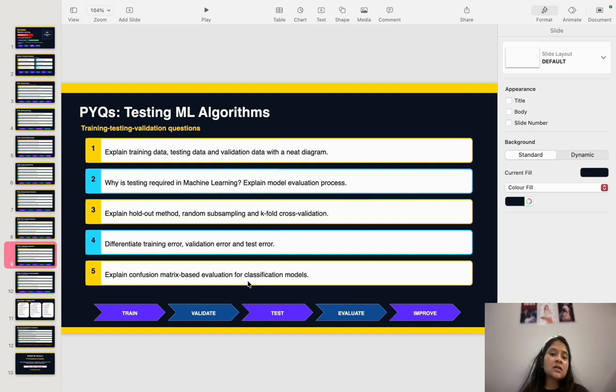Okay, so these are the questions related to testing ML algorithms. Okay, so in each slide, I have taken five questions for each specific topic. Okay, without skipping any questions, if you read these questions, definitely you're going to score a distinction.